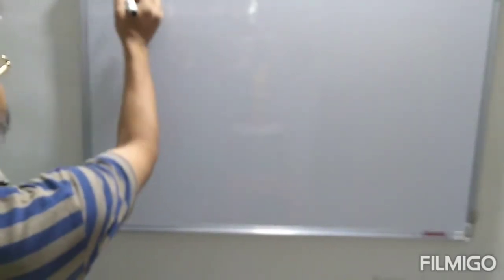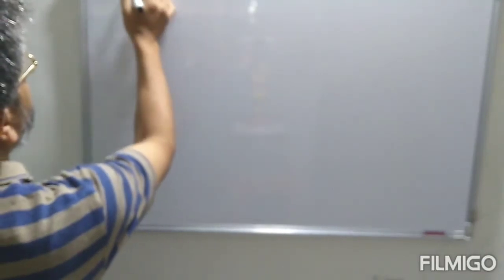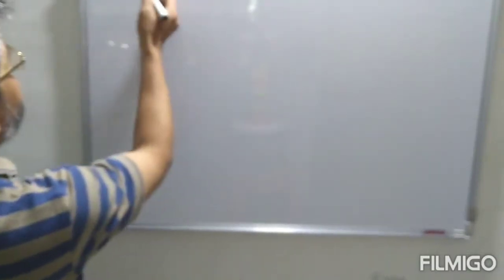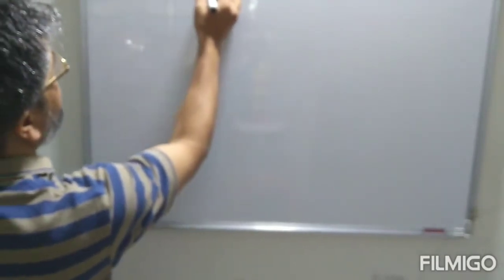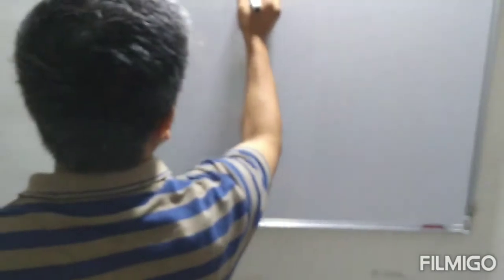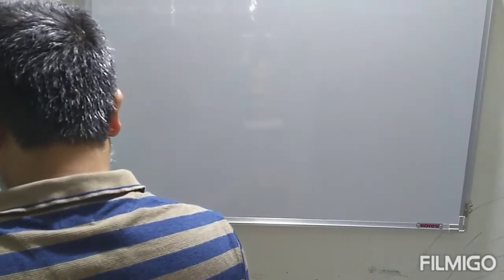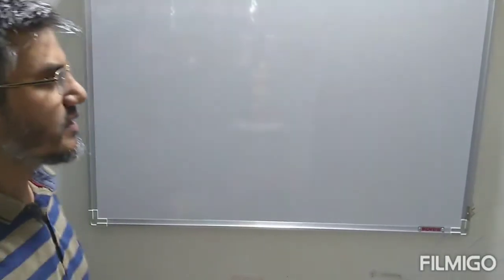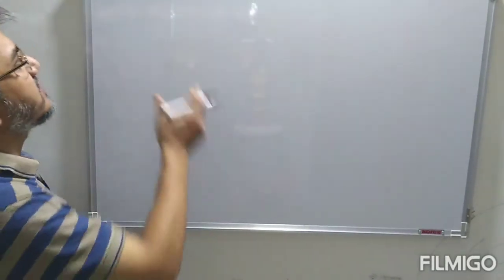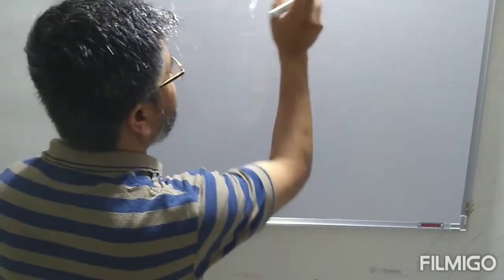Question says a compound is formed by elements X and Y such that in a cubic form, X occupies the corners of the cube and Y occupies the face centers.